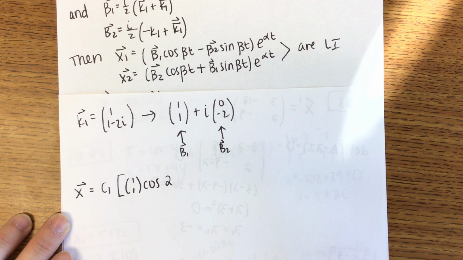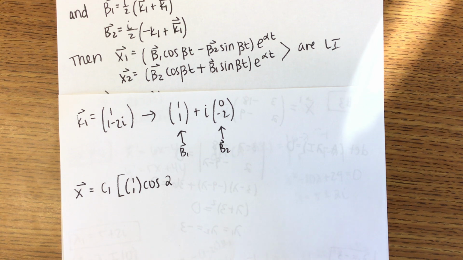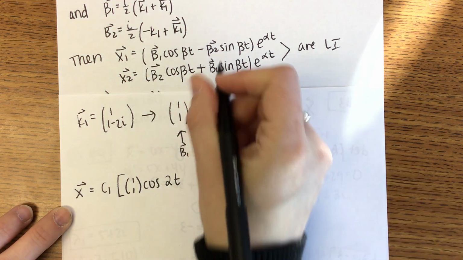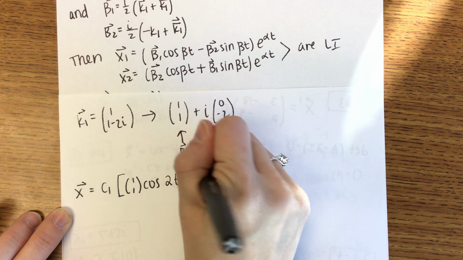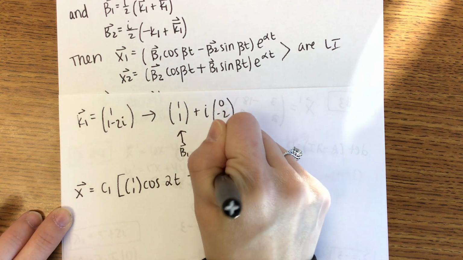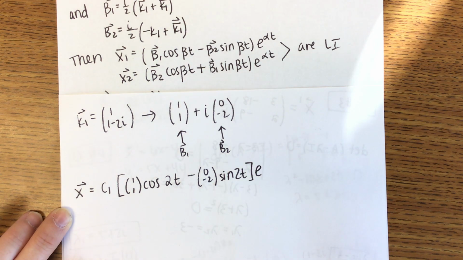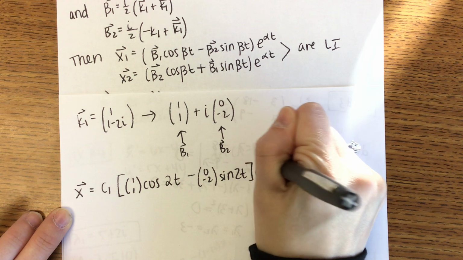Do you guys know where that comes from? Where does it come from? The eigenvalue, yes. Alpha plus beta i. What was ours? 5 plus 2i. So it's the 2. Okay, cosine of 2t minus b2 sine of beta t, e to the, what's alpha? 5, the 5t.